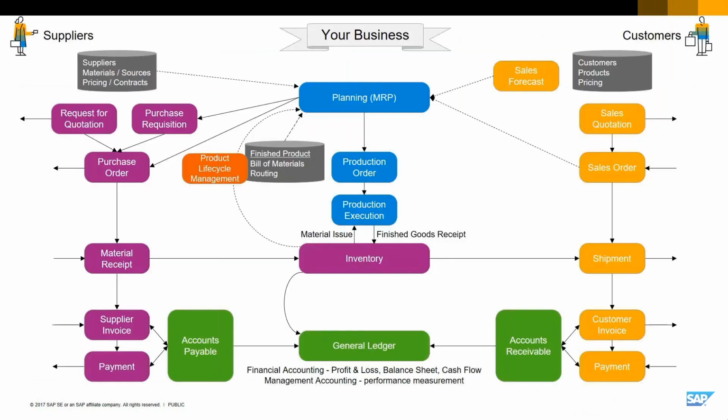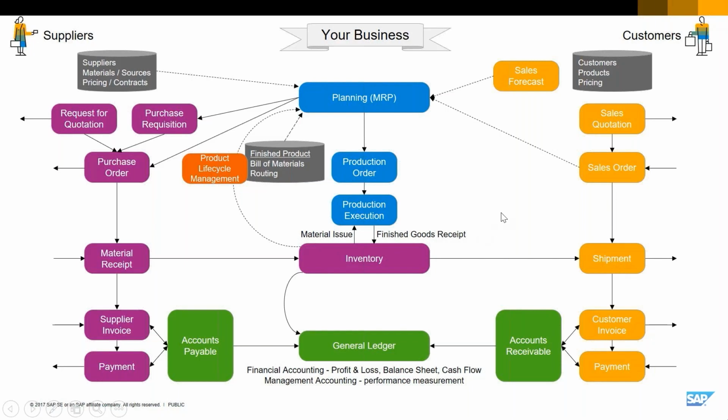Okay. So now you can see the complete information flow from different areas. Your information is flowing from the purchase area to the inventory. From here it is flowing to the production area, where you are receiving the finished goods. Here you can additionally maintain product life cycle management. Again, these finished goods are going into the sales and distribution area.